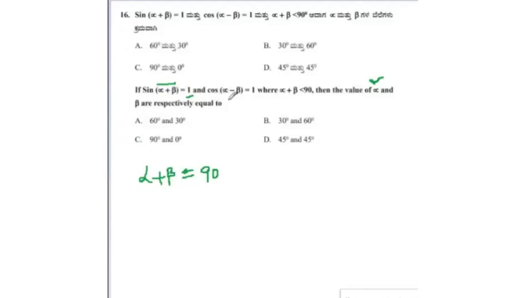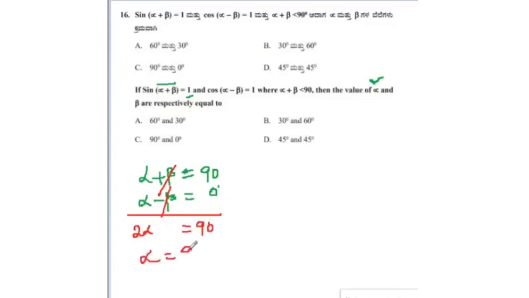So can you say what is cos of alpha minus beta, students? Yes, you are right. Alpha minus beta is equal to 0 degrees because in cos the value 1 is for 0 degrees. We will apply the elimination method to solve alpha and beta. Beta cancels, plus beta minus beta. 2 alpha is equal to 90 degrees.